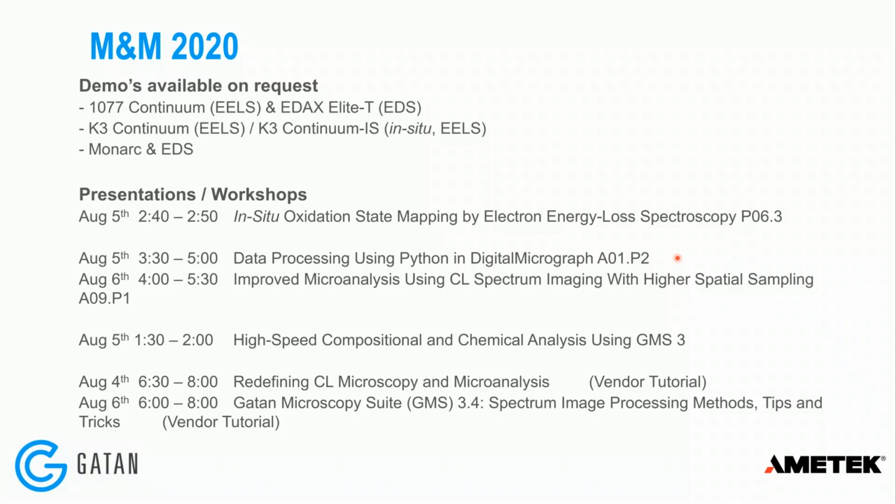What if you wanted to go lower than that on this detector, or for a Continuum system? For lower kV, you can have two detectors on the system. You can have the indirect detector, the phosphor coupled CMOS, which is good for low kV, and the K3 is good for high kV.